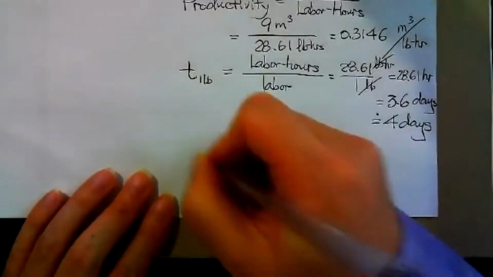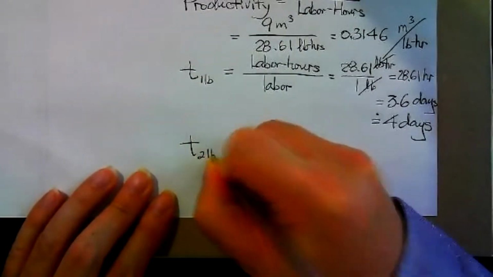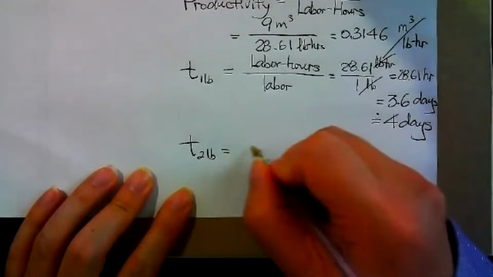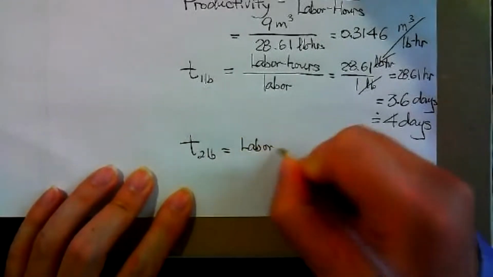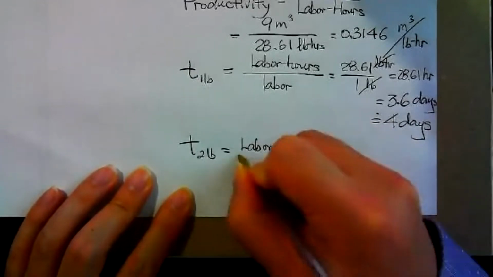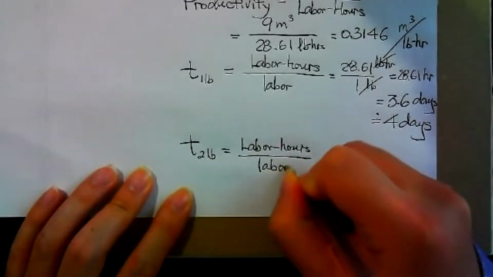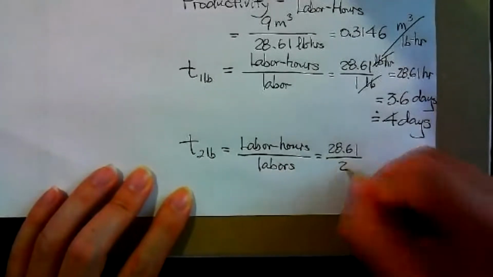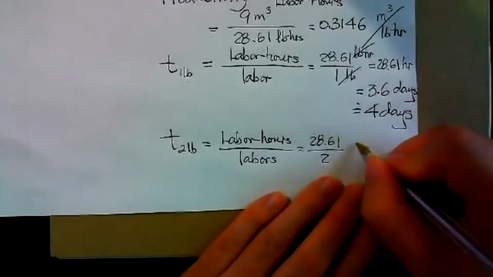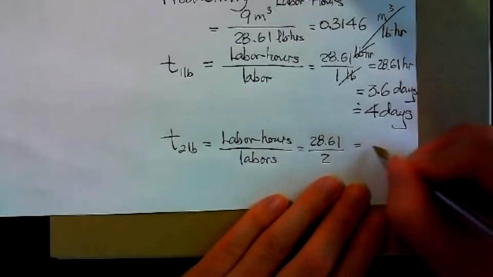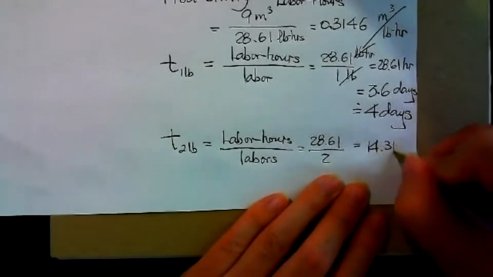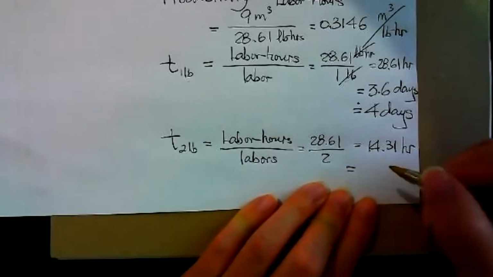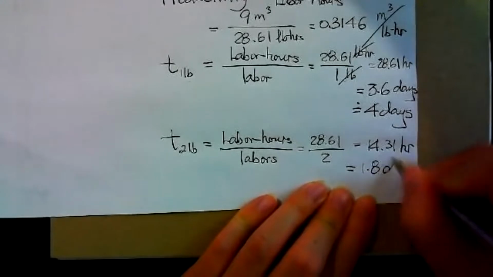Okay, so if it's 2 labors, it's just the same equation. We got labor hours divided by the number of labors, which is 28.61 divided by 2, okay, which is equal to 14.3 hours, which is equal to 1.8 days.